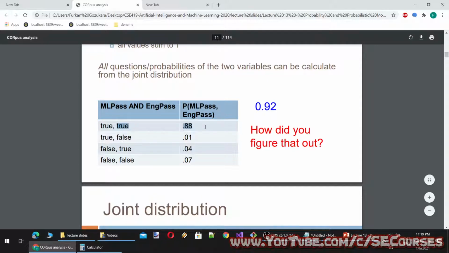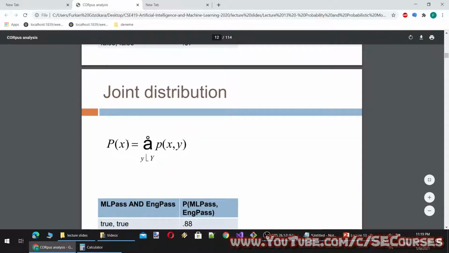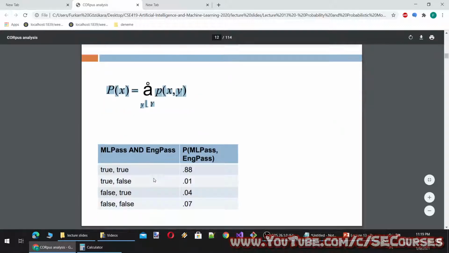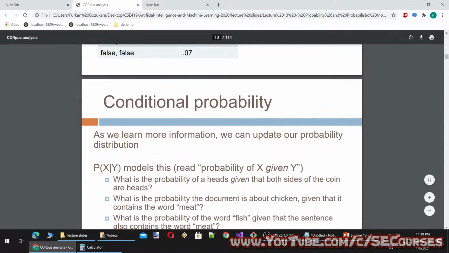It is true here and it is true here. So when we sum them, we get 0.92. Sum this row because English pass is true here, and sum this row because English pass is true. When we sum them, it is 0.92. So it is displayed like this.